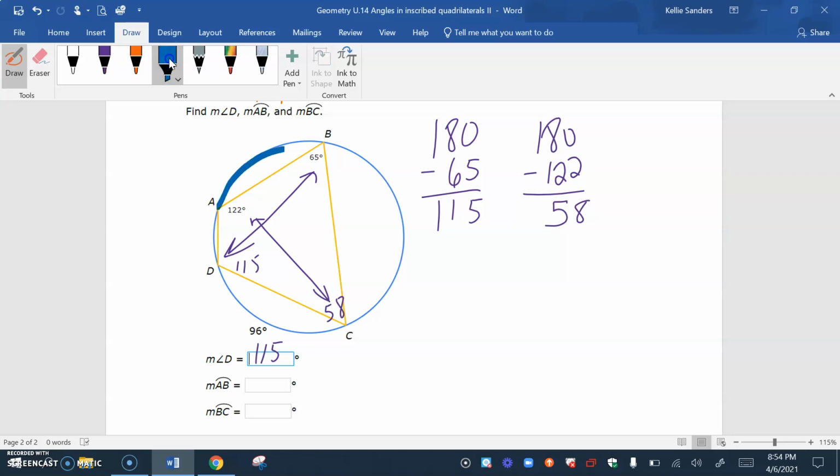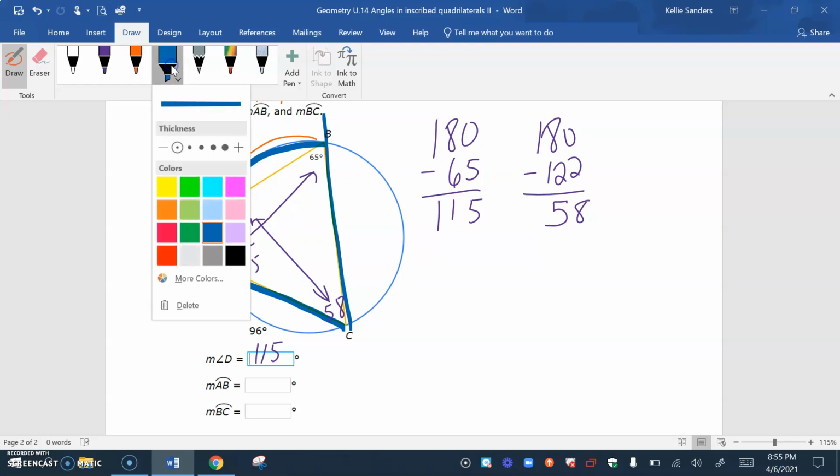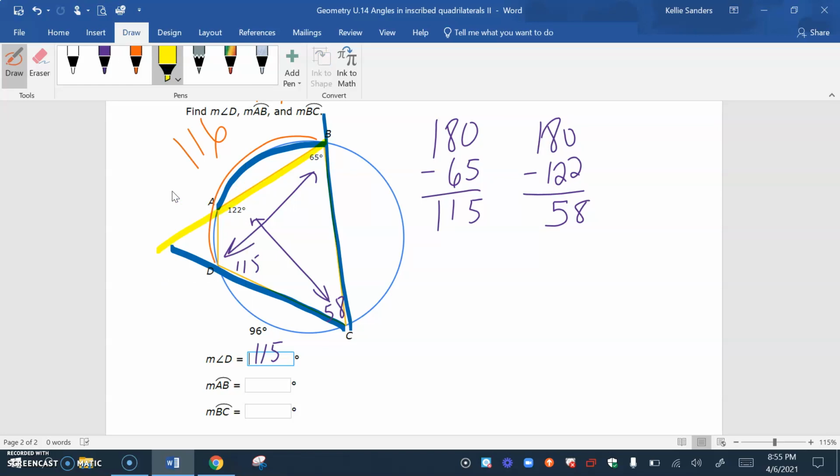So we're looking for AB. That is not an inscribed angle. So if I take the 58 here and double it, I get 116. All of this is 116. This is when it's going to get messy again. If I take this right here, since the inscribed angle is 65, this arc is 130.